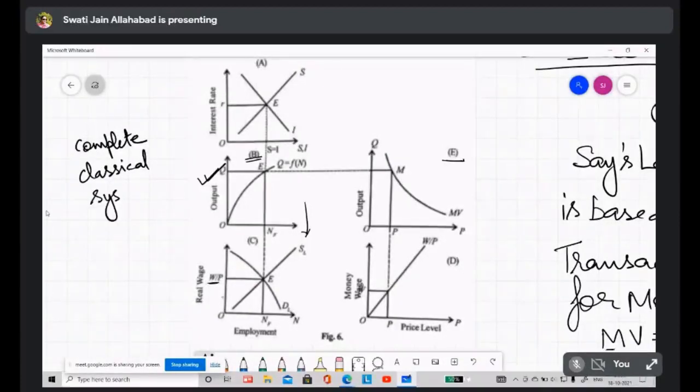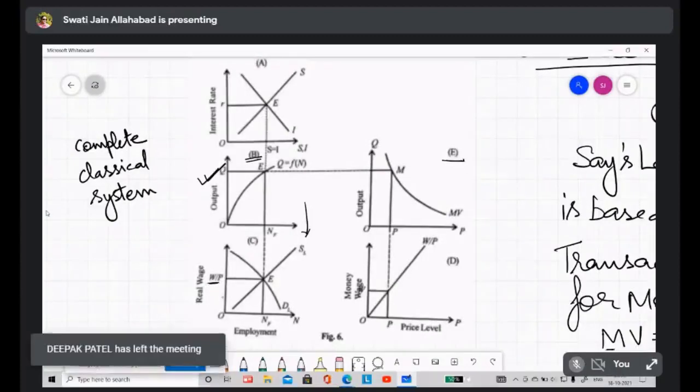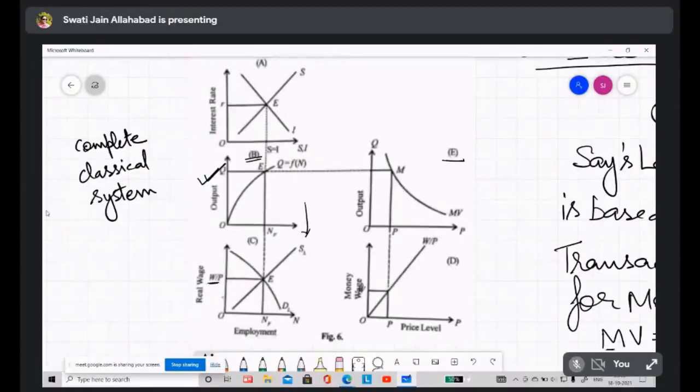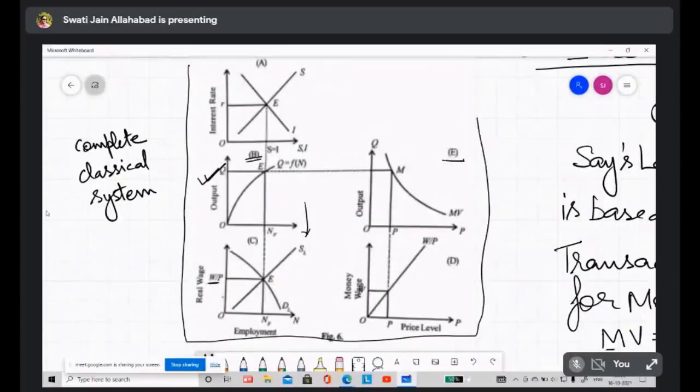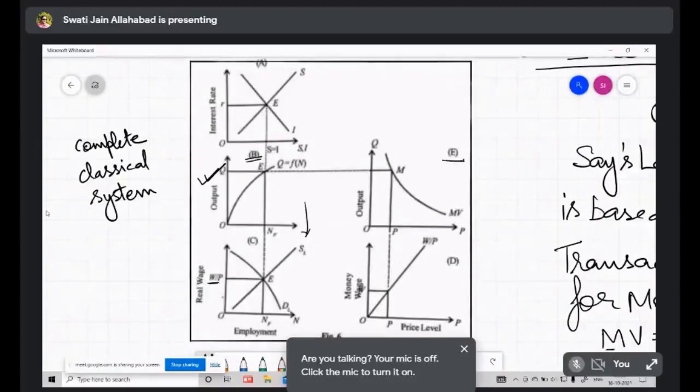So in your exam, any question related to classical system, when you are writing the answer of that question, this whole diagram has to be drawn. Okay. You can use the diagram separately also, but once you are required to draw the complete system, you draw this complete diagram.